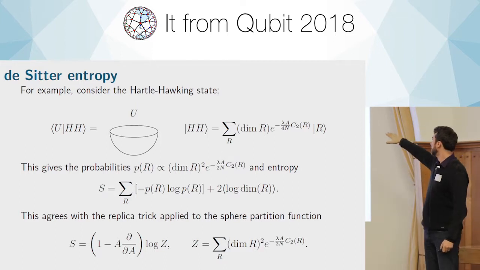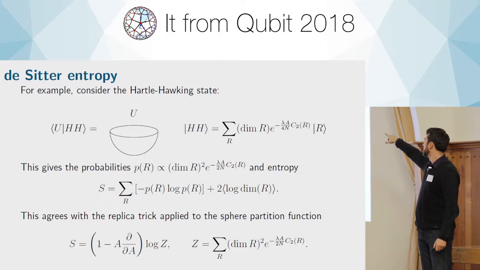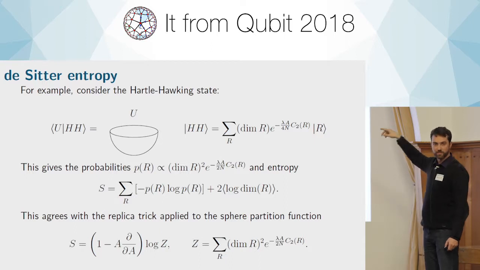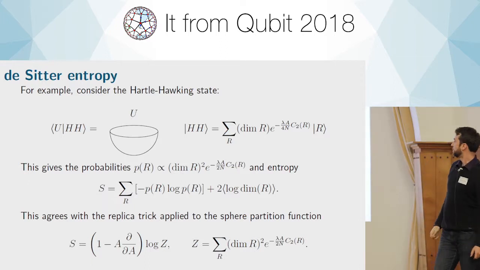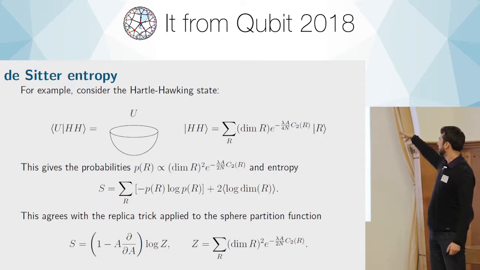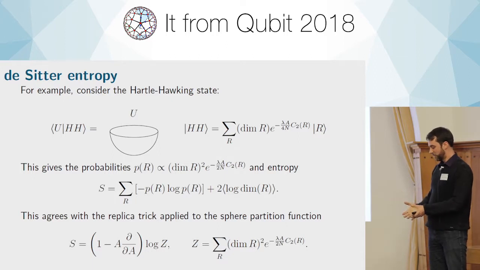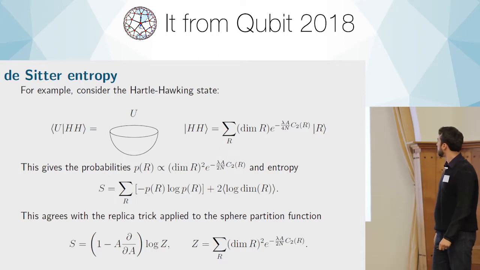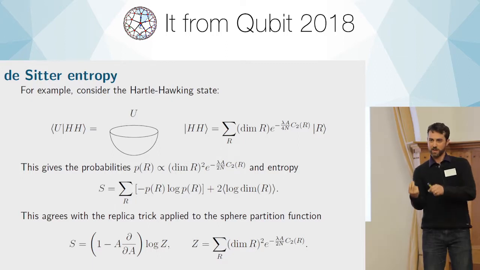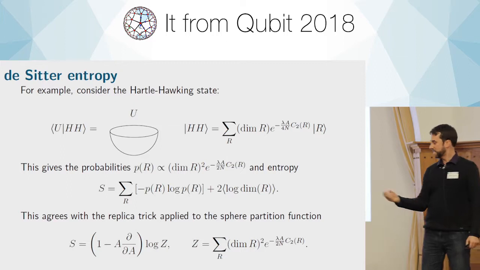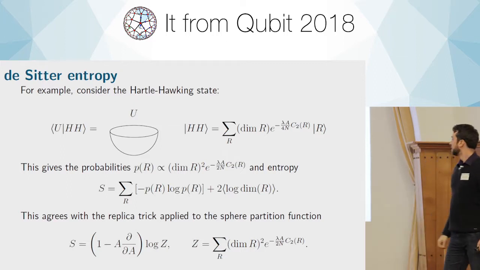It has this e to the minus lambda A. This was the Hamiltonian of the theory, and C2 of the representation is just the eigenvalue of the Hamiltonian. So this is the sort of thermal weight that one would expect. And one has this dimension of R factor, which comes essentially from inserting a tiny disk at the bottom of this sphere.